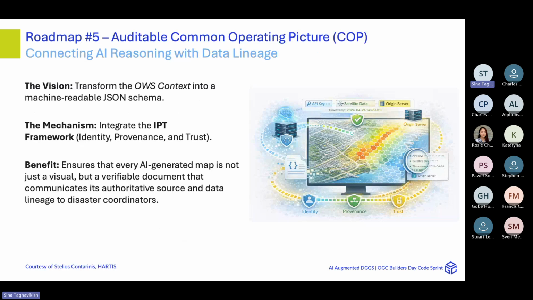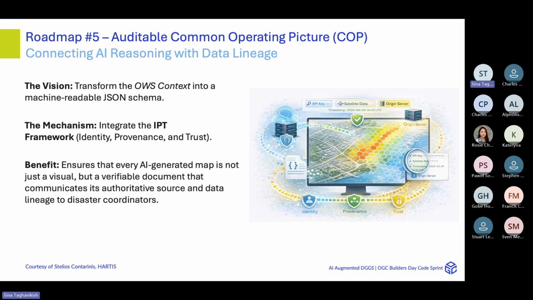The one before last roadmap item is the common operating picture. The vision is that you have to transform the OWS context into a machine-readable JSON schema. We kind of started to touch base on this.